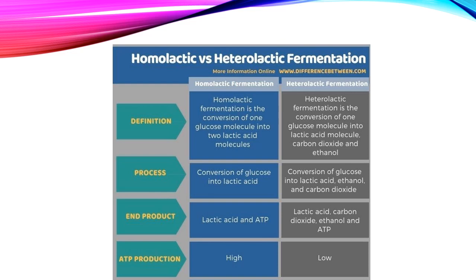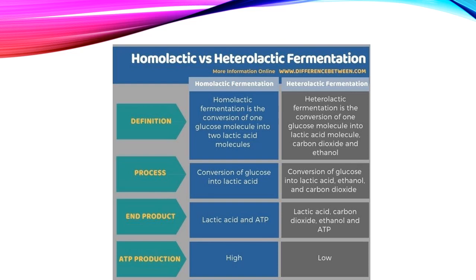By end product, homolactic fermentation has lactic acid and ATP as end products. This ATP is generated during the glycolysis pathway, which homolactic fermentation uses before the production of pyruvate. In heterolactic fermentation, the end products are lactic acid, carbon dioxide, ethanol, and ATP.